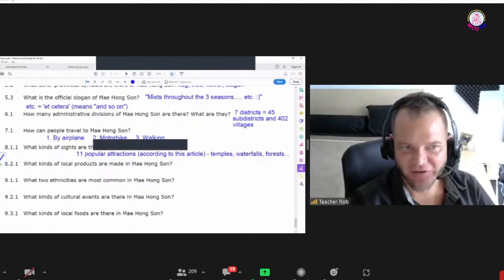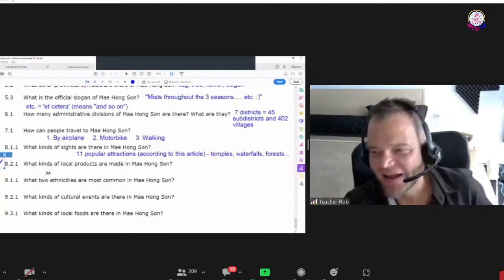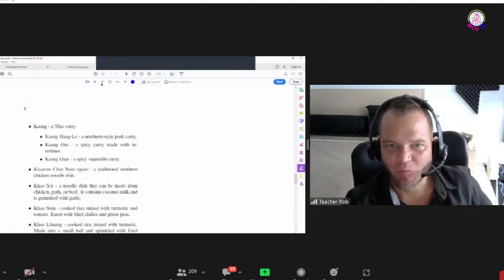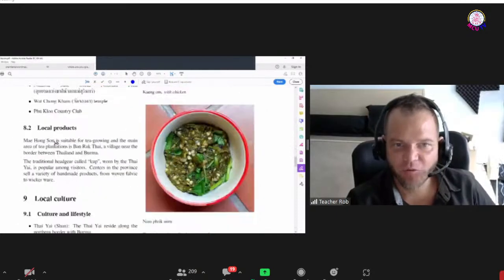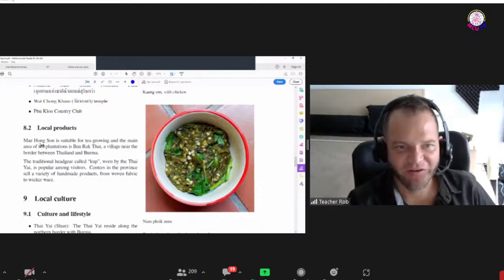Now, the second half of section 8 is local products, and it asks, what kinds of local products are made in Mae Hong Son? So now we look back at local products. Okay. Now this starts here. Mae Hong Son is suitable for tea growing. And in the main area of tea plantations is Ban Rak Thai, a village near the border between Thailand and Burma.